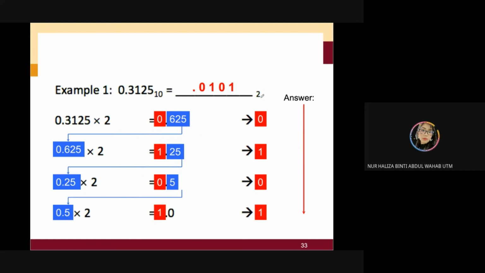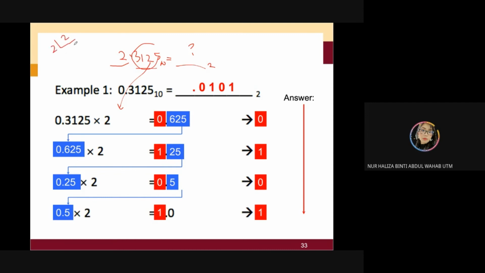So this is your answer for base 2. Okay, let's say the example you have 2 point 3125, base 10, and you want to convert to binary. What you need to do is separate things. This one you will do the multiplication, and this one you will do the division by 2.